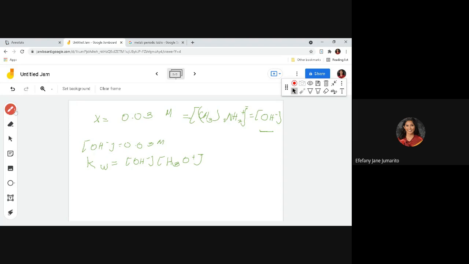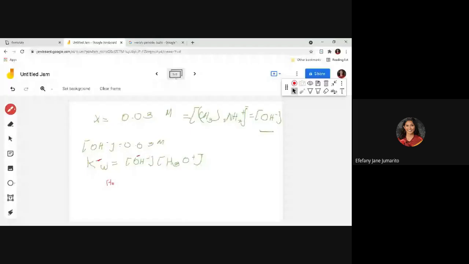Memorize those formulas. Now we have the value of OH, so we can get H3O plus here.